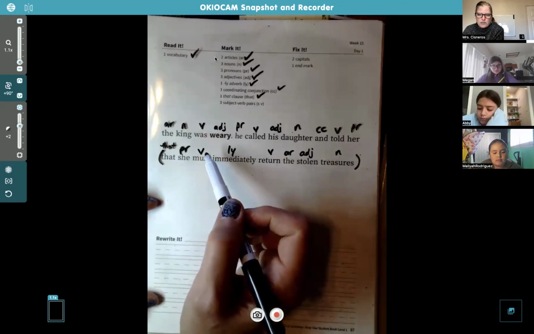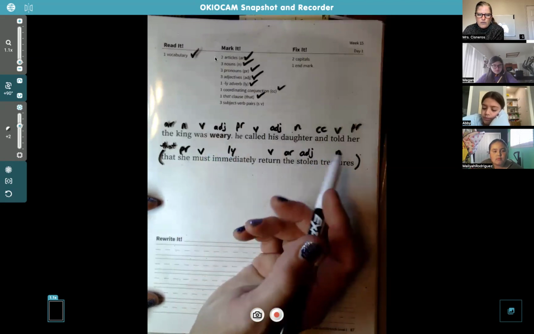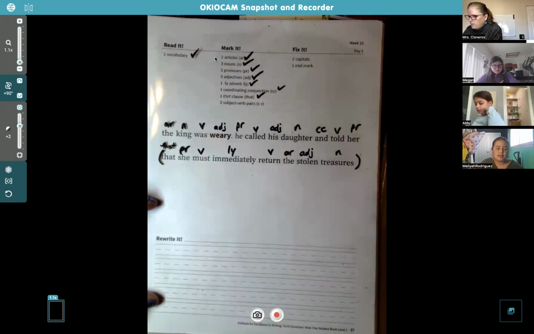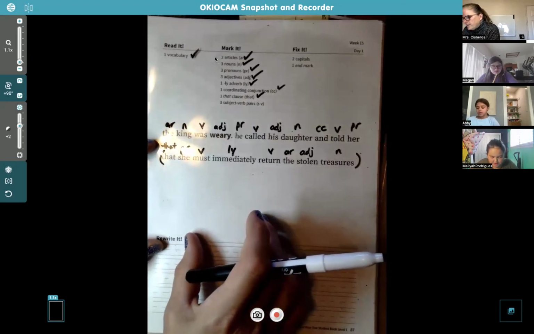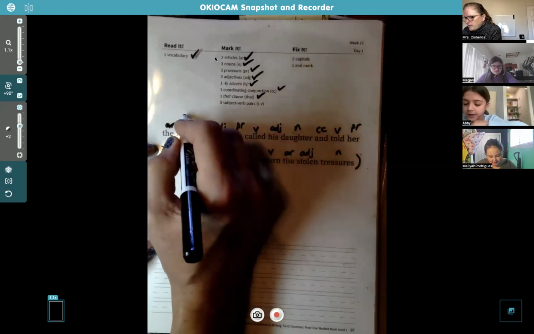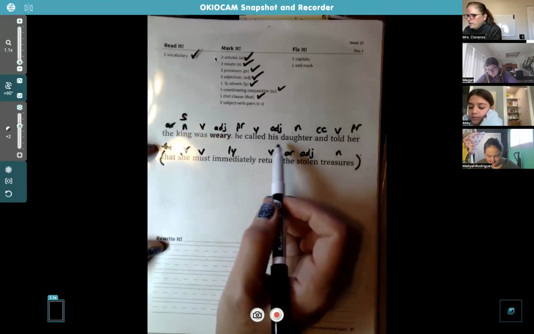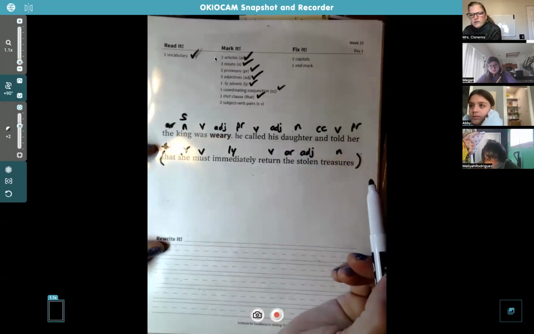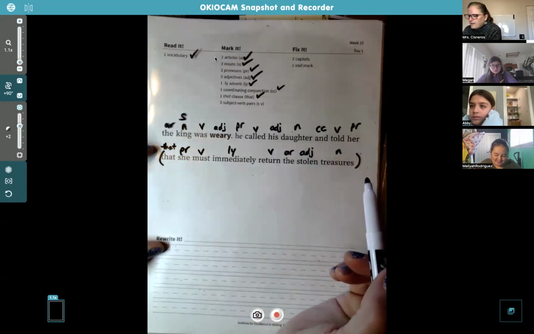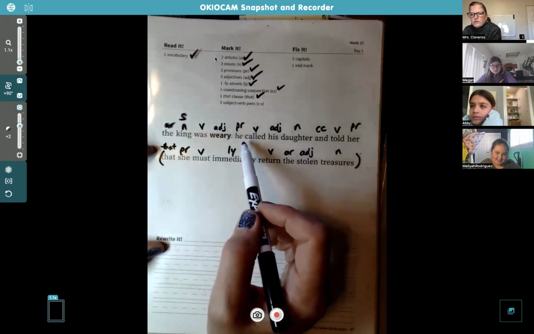So speaking of subjects, though, Malia, what about the subjects here? There's going to be three of them. So look at the verbs and try to figure out who or what is doing the verb. King is one subject. Good. Who called his daughter? The king did, but in the sentence, look for the pronoun here.